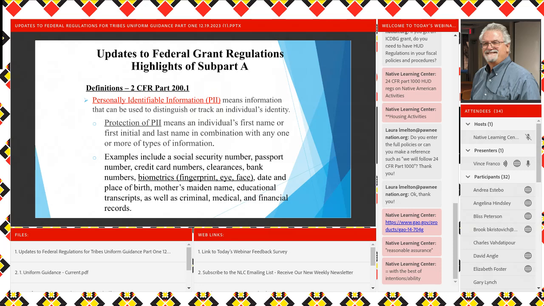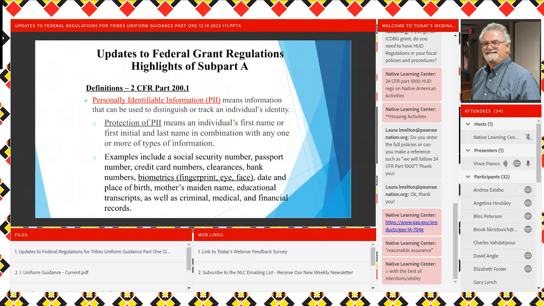And what this regulation is talking about is federal funding recipients, whether we do hard copy versions of everything or whether we've moved over to electronic data, we need to have mechanisms in both places that identify what is gathered by your organization to do business.